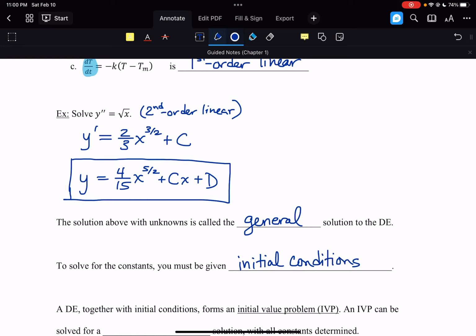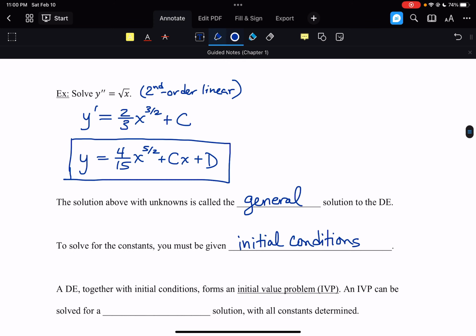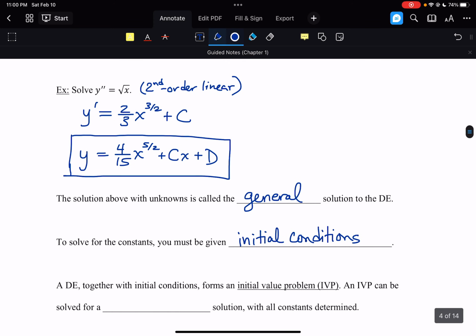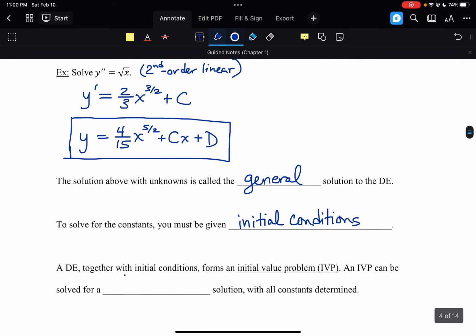Now, if we do have initial conditions, a differential equation together with those initial conditions form what we call an initial value problem, abbreviated IVP. An IVP can be solved for what we call a particular solution with all constants determined.